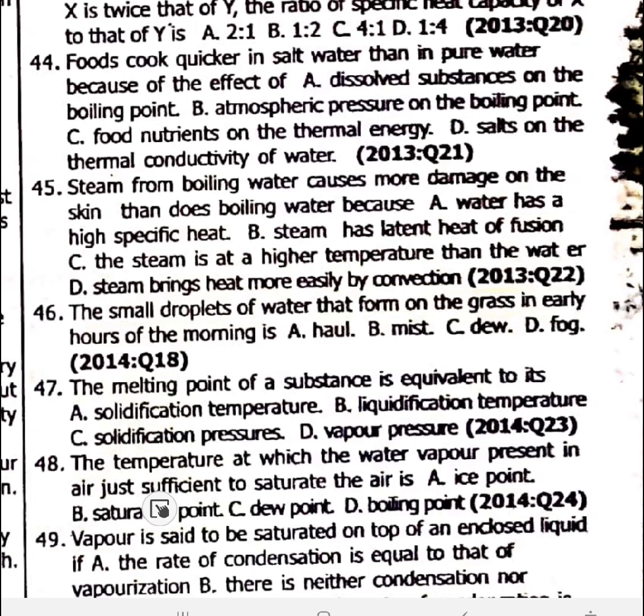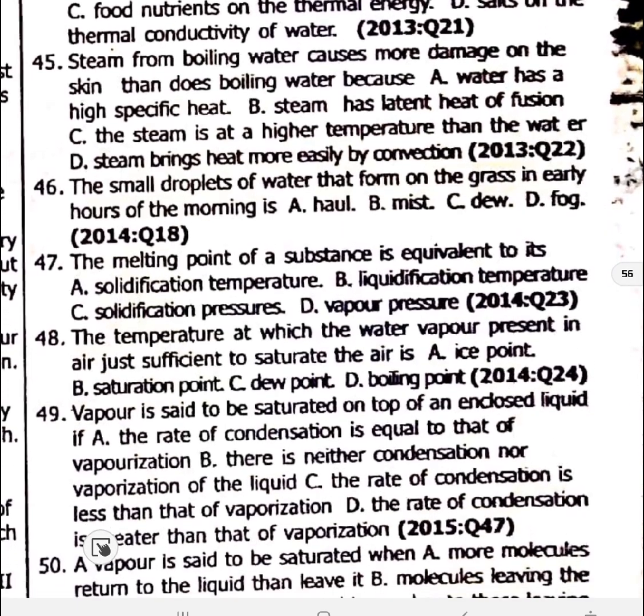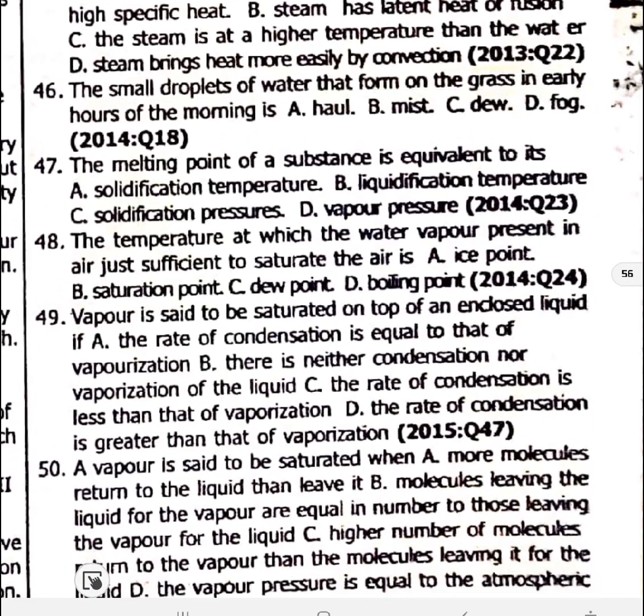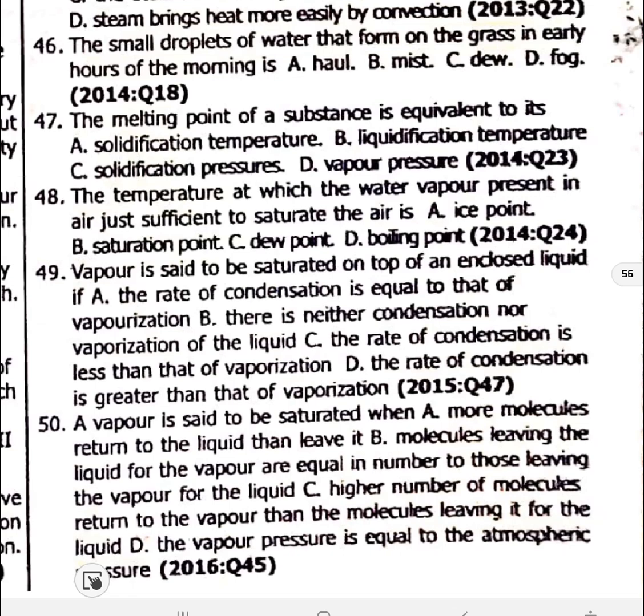The temperature at which water vapor present in the air is just sufficient to saturate the air is called dew point. 49. Vapor is said to be saturated on top of an enclosed liquid if the rate of condensation is equal to that of vaporization. 50, which is the last question for this chapter.